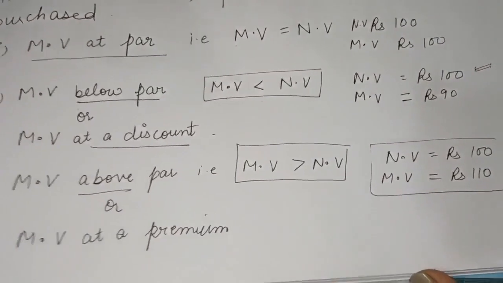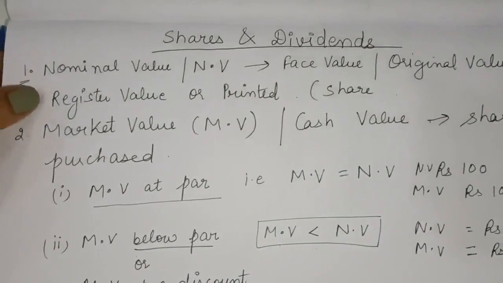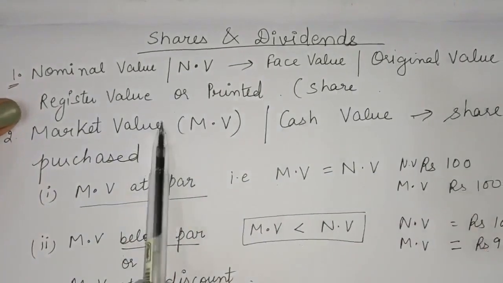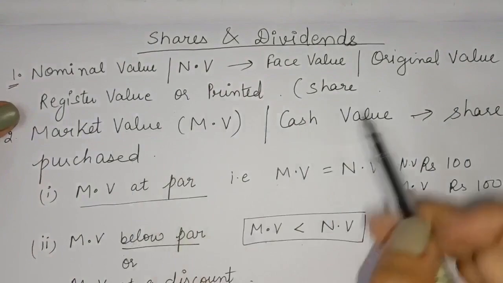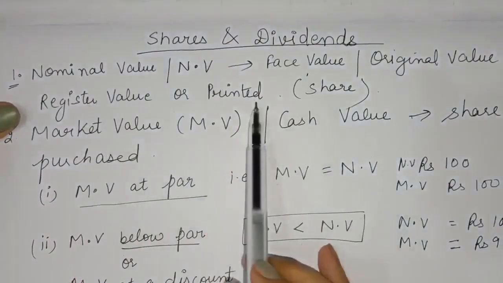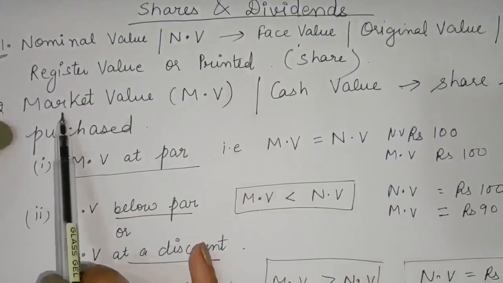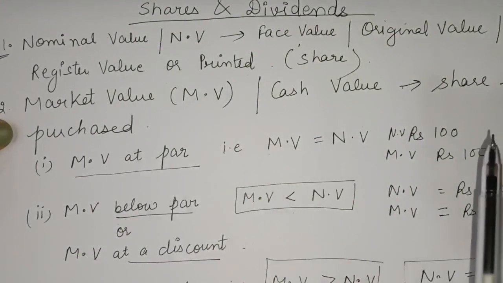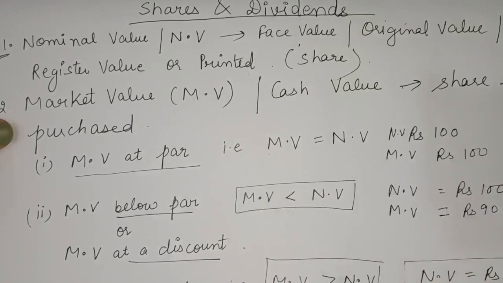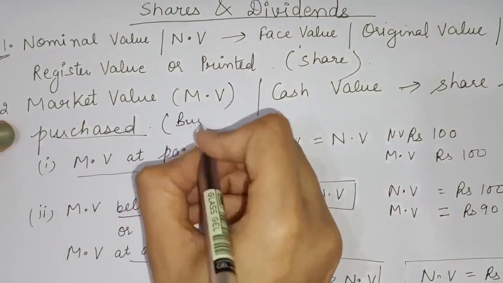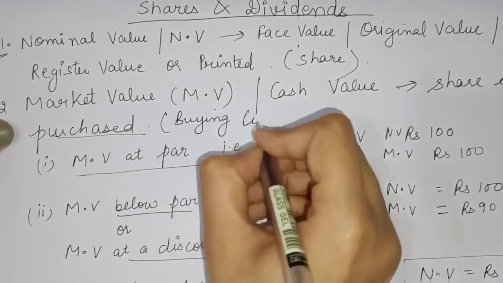So the term till now which we have discussed is nominal value. Nominal value is the original value of the share. Other words for nominal value are face value, registered value or printed value. Then market value is the value of share, current value you can say, at which the share is purchased, buying cost it is. Market value is the buying cost.